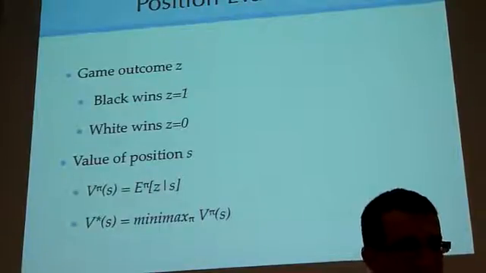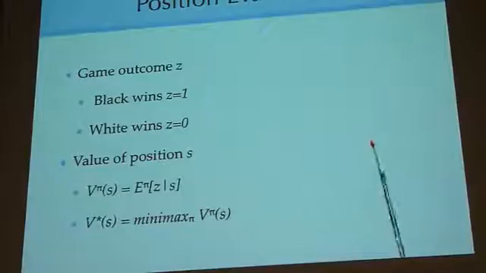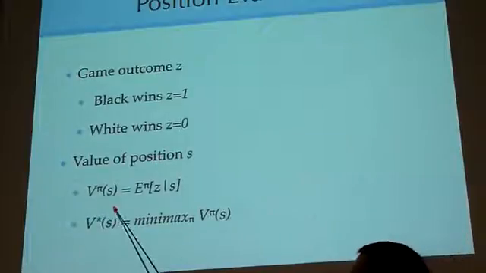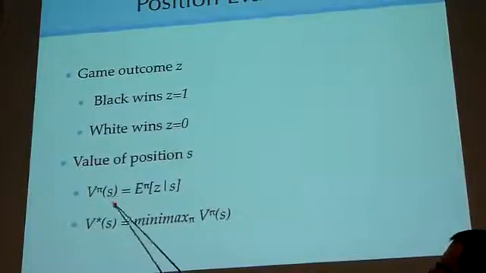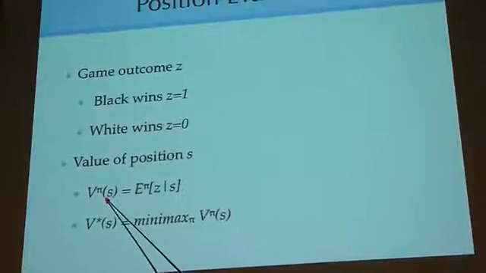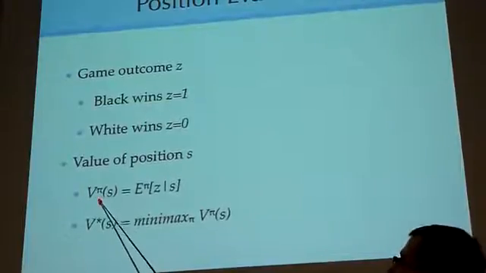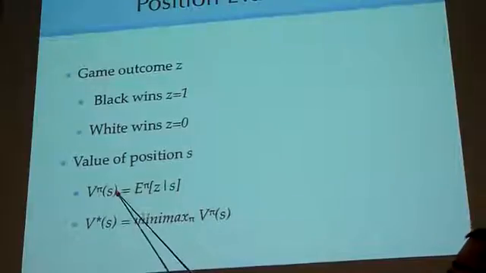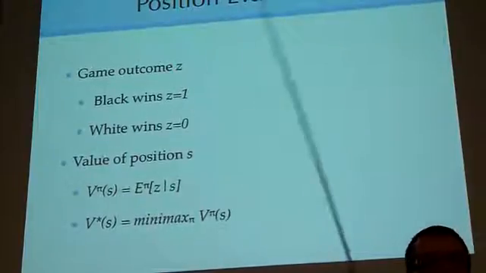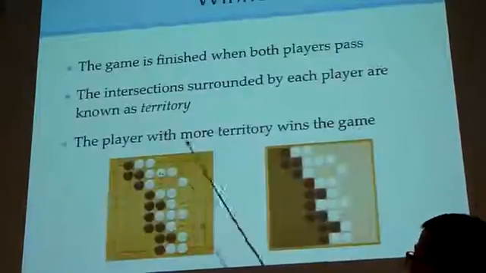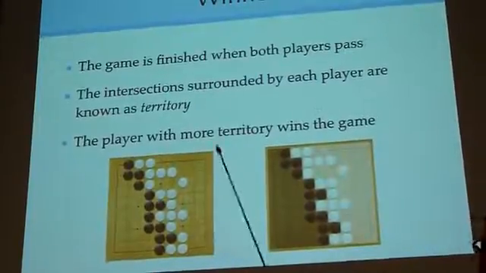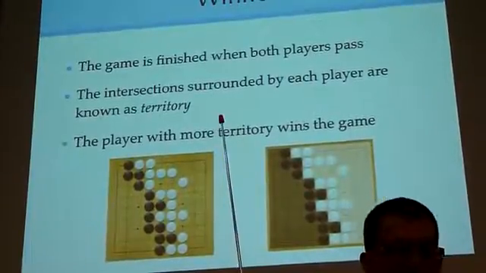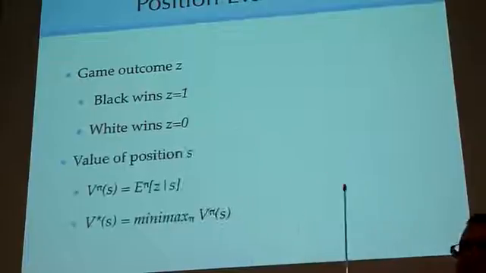And so what we're going to do is try and evaluate a position. We're going to say the value of a particular policy, which could be like a simulation policy, like random, and we're going to evaluate a particular position S. So S is like a complete board position now, the position of all the stones on the whole board. We want to know, well, how good is a particular state?